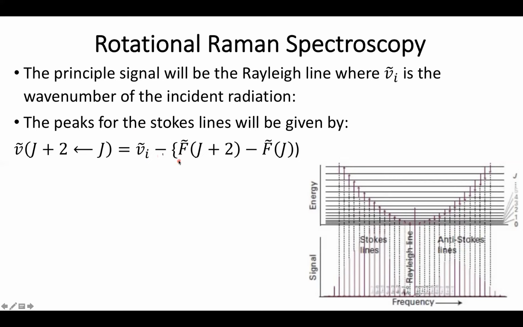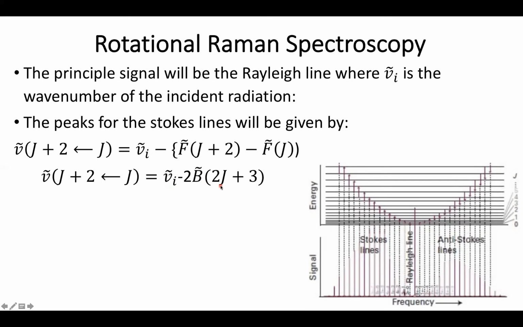And that's going to be based on the rotational energy difference of the J plus 2 and the J state. And so what we'll find is that we will be slightly lower in energy, which is lower wave number, lower frequency than our initial incident light.